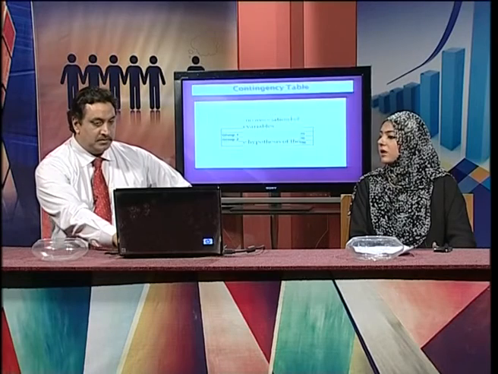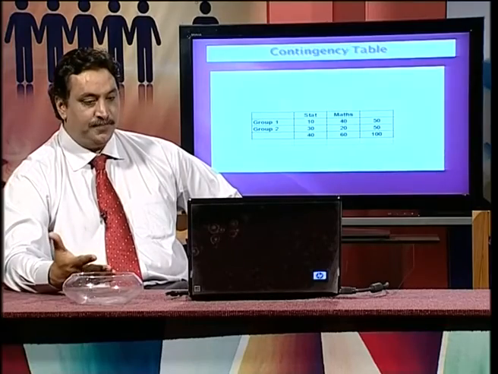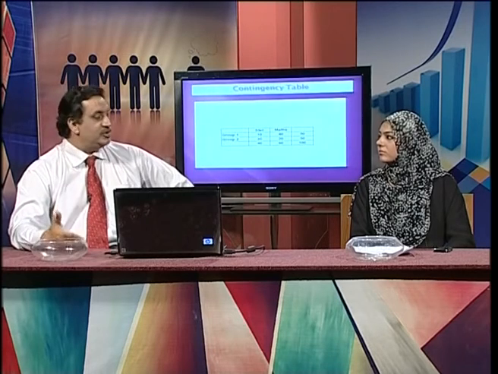Okay, sir. What is a contingency table, and what does it represent, and how do we make useful conclusions from it? Basically, we use a contingency table when we have two or more variables, suppose two or more qualitative variables, or attributes of the data.